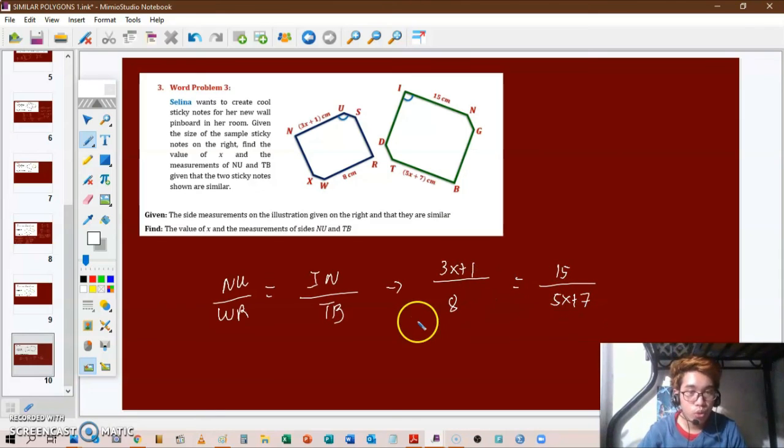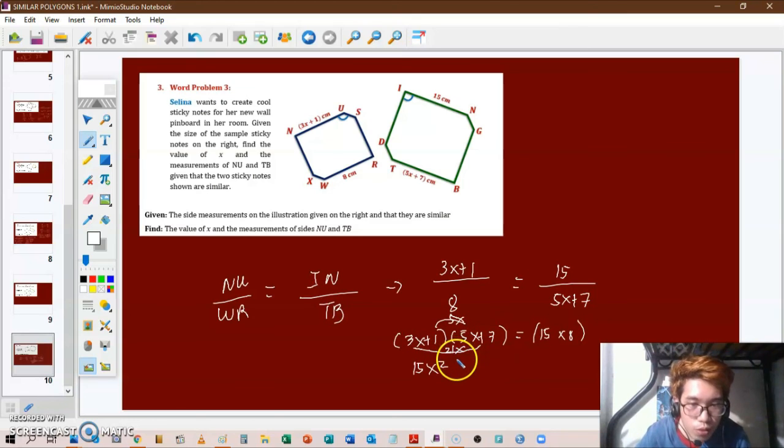And from here, we can do cross multiplication, and automatically you can see that this is going to give us a quadratic equation. So this gives us 15 times 8. So 3x times 5x, that's going to give you 15x squared. Then we have 5x, and 7 times 3, so that's 21x. So what's 5 plus 21?